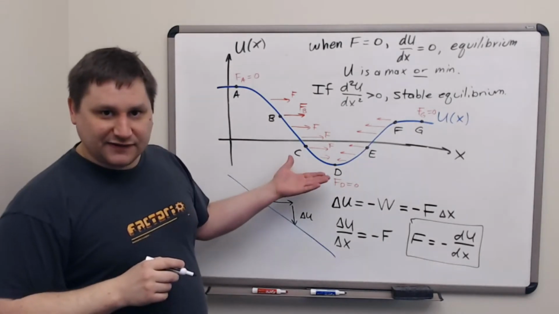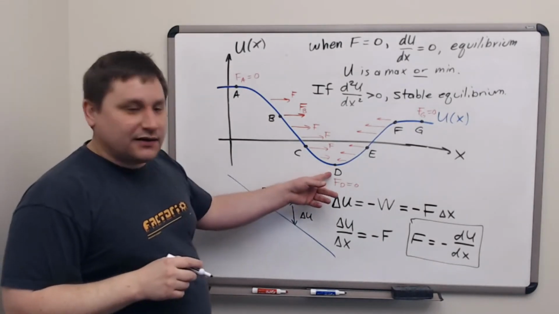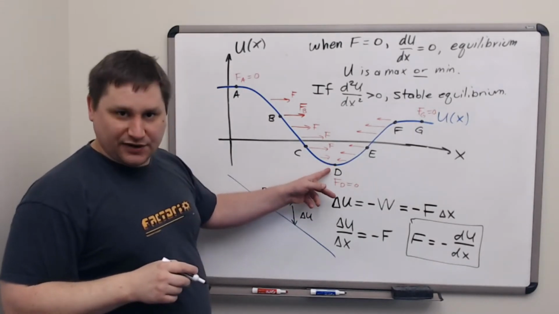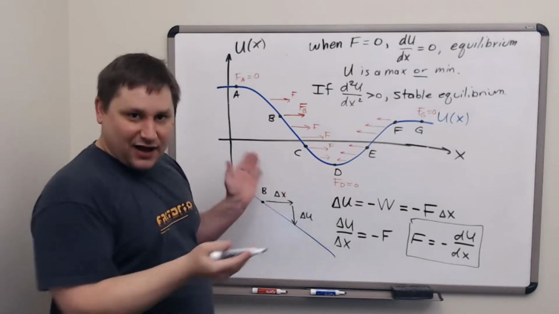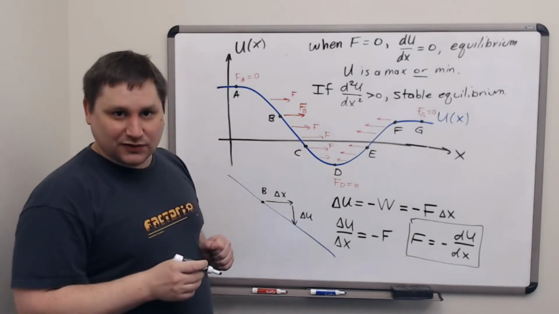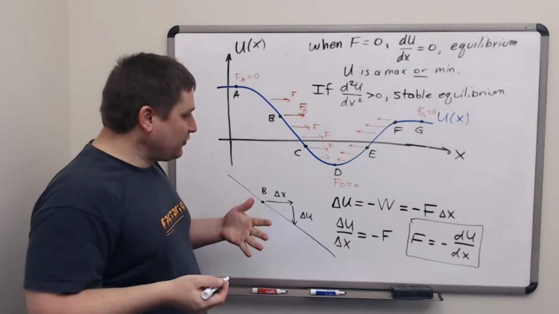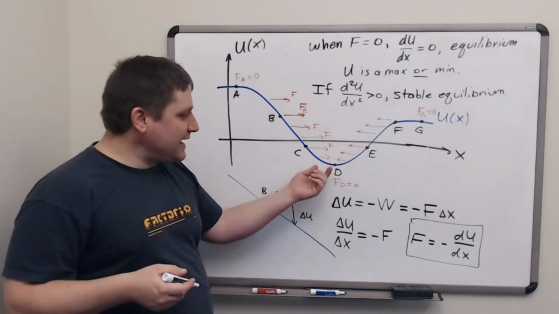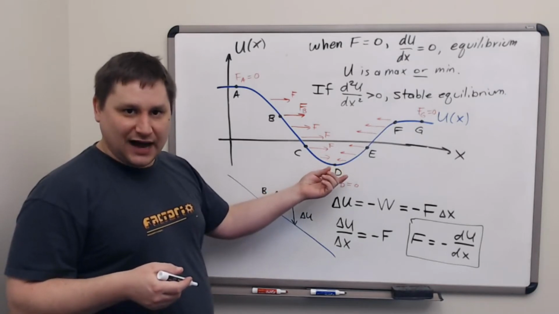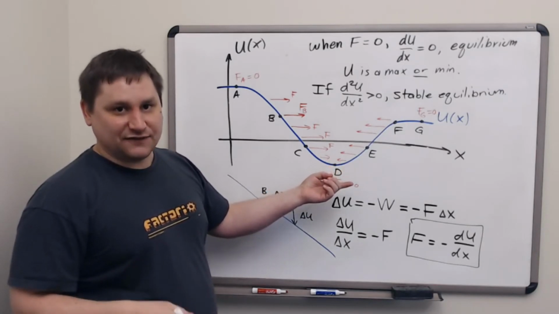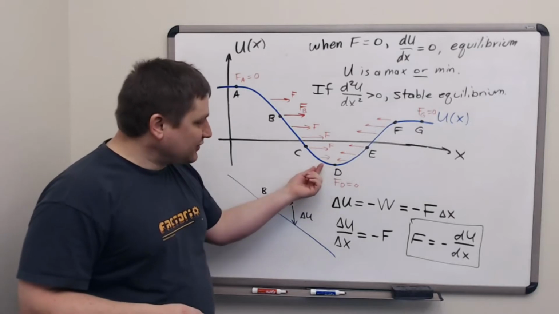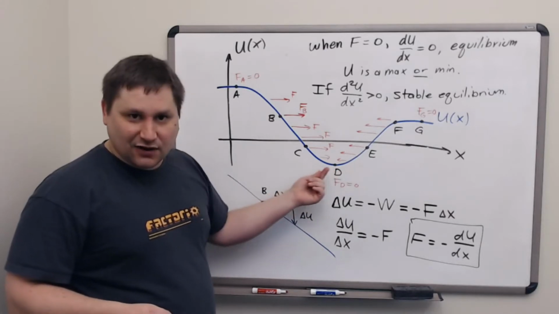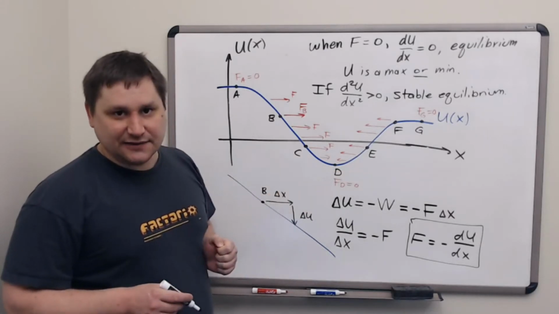An example on this graph would be location D. Location D is a point of equilibrium, and since the graph is concave up, it's also a point of stable equilibrium. What this means for the motion is that if an object was near D, it would remain near D at all subsequent times, unless it was given more energy from an external source. The motion would be small oscillations around the area of location D.